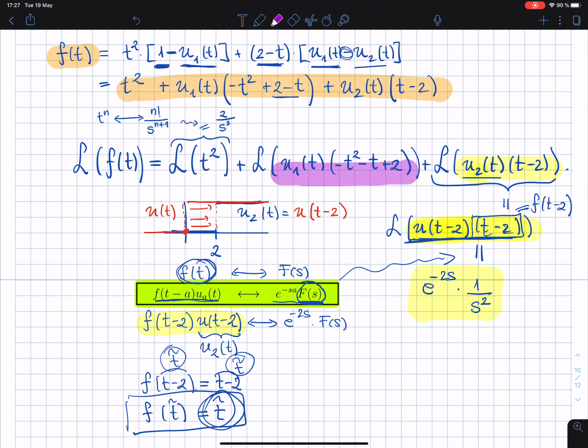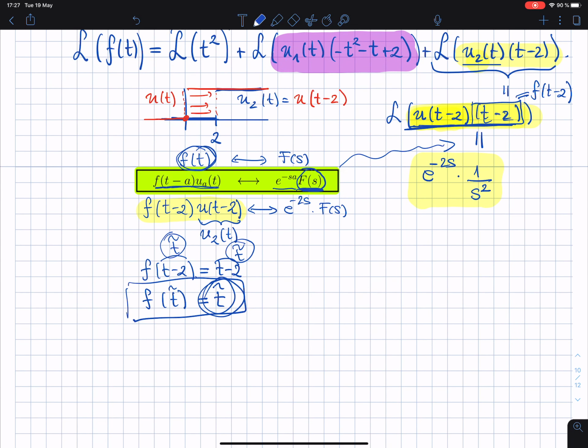So now we will do this last case. We will try to compute now the Laplace transform of this other term, u1 of t times minus t squared minus t plus 2. Now, the problem here is that if I want to use this property here, I need to have my Heaviside function multiplying f of t minus a. And this doesn't look like t minus 1, which it should be.